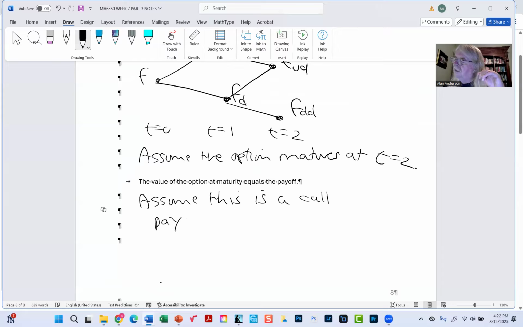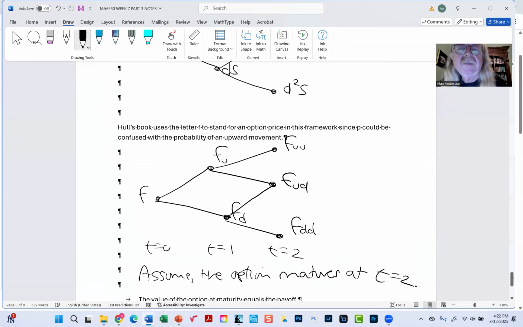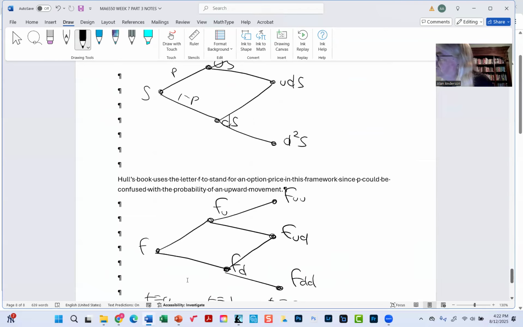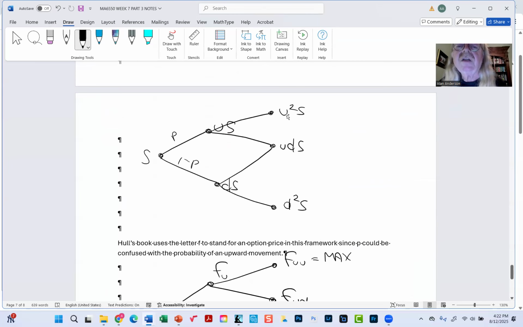The payoff, as you remember, is max of S minus X and 0. So that means here, but instead of writing S, we're going to write numbers on the stock tree.